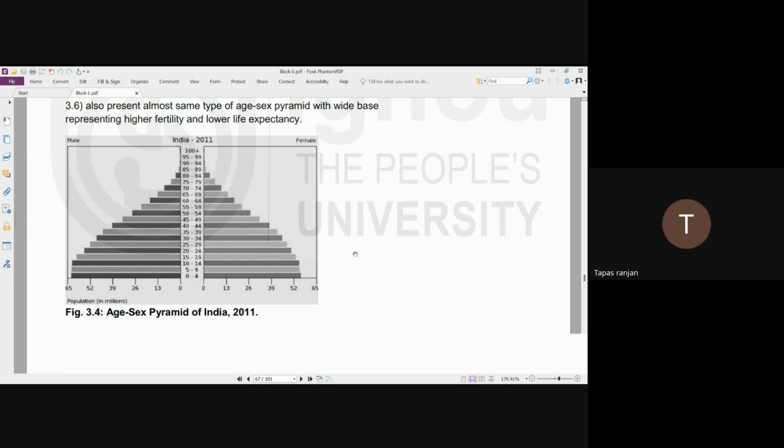I am not talking about male and female separately. So on an average it's around 65 or somewhere around that. We can simply say that the young population is quite high and the old age population is decreasing.